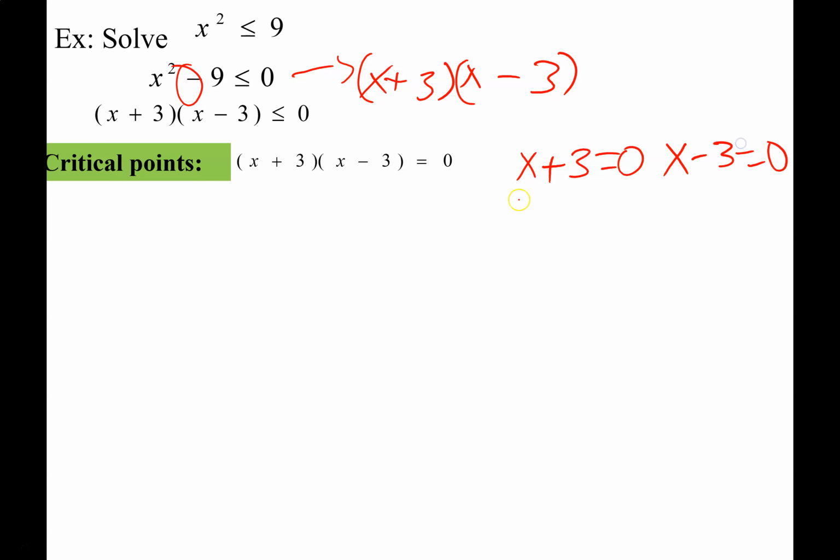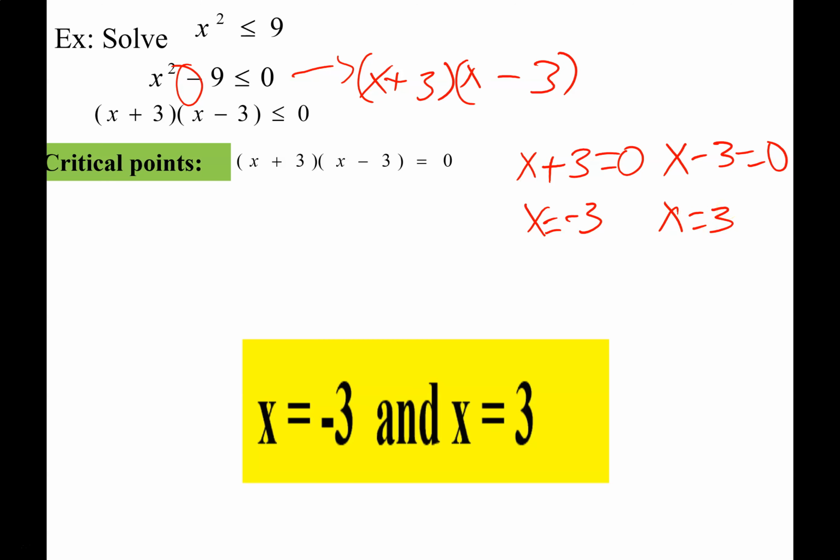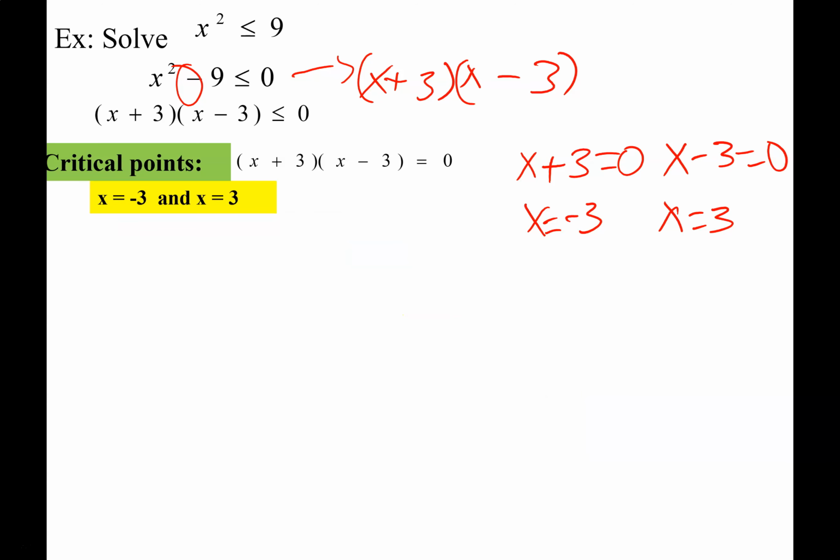And what do we get? x should be a negative 3 here because we subtracted, and x should be a positive 3 because we added on that side. So my critical points now will be x equals negative 3 and x equals positive 3. At this point, we're going to start creating a sign chart. Stay tuned. It's going to be on the next slide. Make sure you have everything copied down, please.